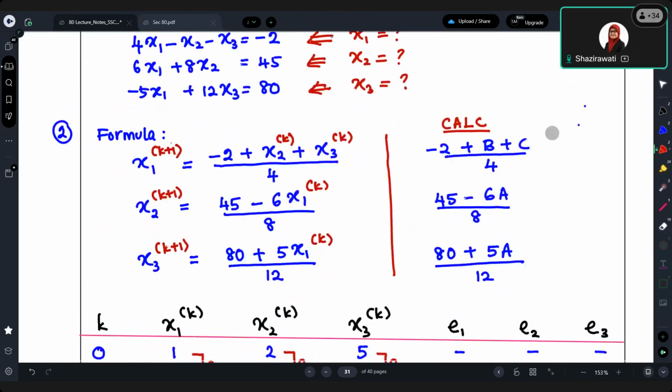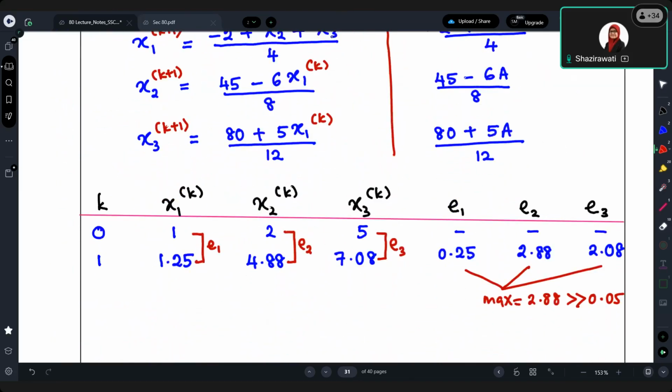So it means you cannot stop yet. Okay, so you need to proceed. It means you kena ada K equals 2 pula lah. Okay, so ini tak boleh stop lagi. So, macam tu cara you tengok the stopping criteria tu.